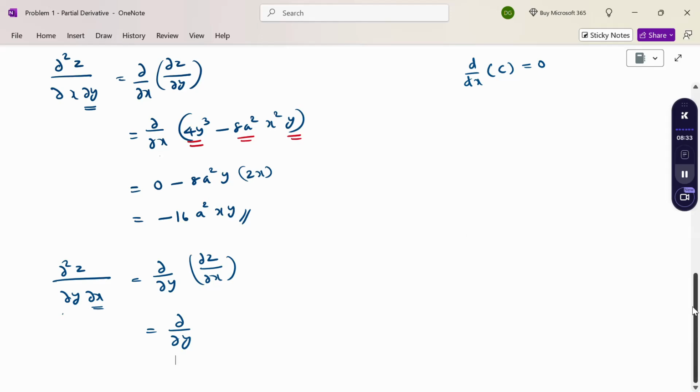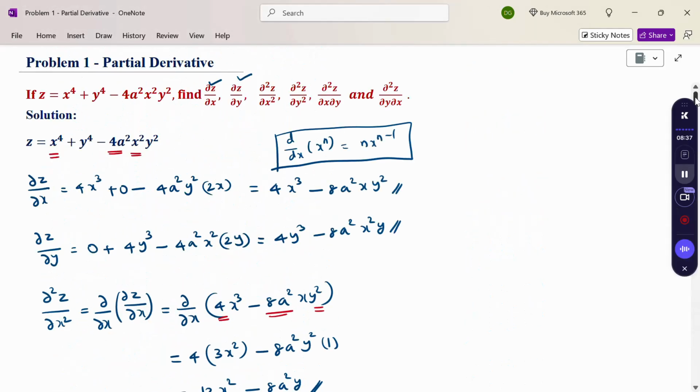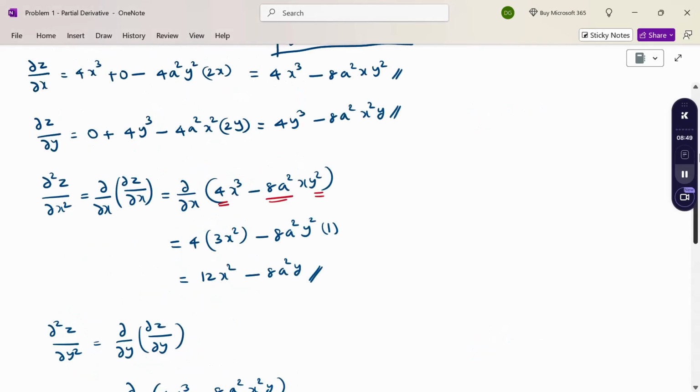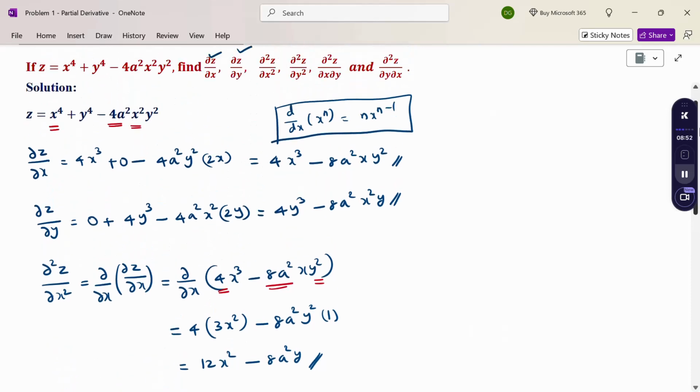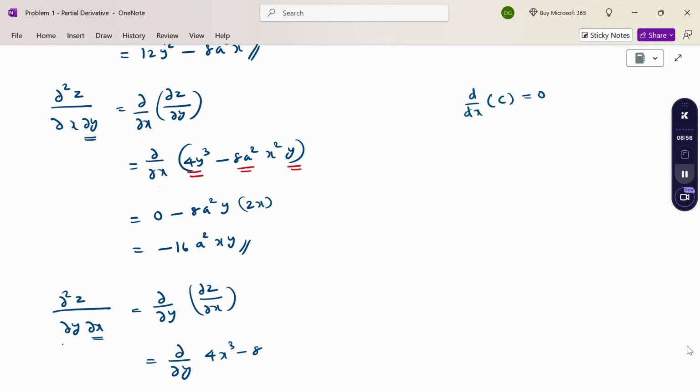So what is the ∂z/∂x value? ∂z/∂x is nothing but 4x³ minus 8a²xy². So 4x³ minus 8a²xy², correct? This is the value of ∂z/∂x.